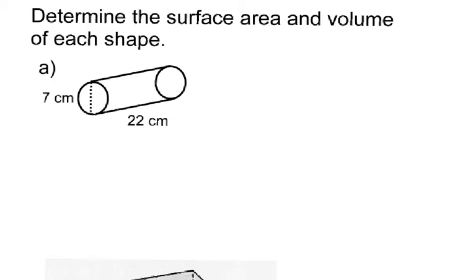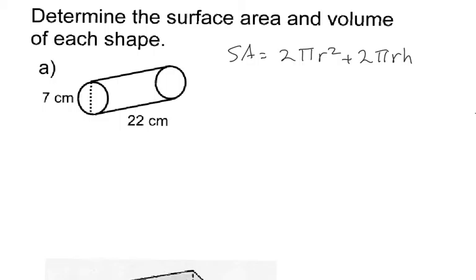So basically, the surface area is equal to 2 pi r squared plus 2 pi rh. Make sure that this equation is on your cheat sheet for the test that will be coming up soon.